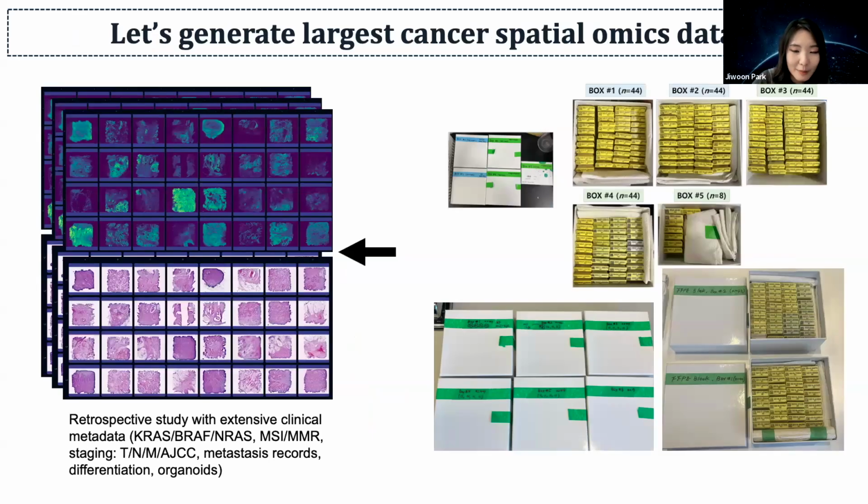So as I mentioned, for same-sample multiomics, we used the Singular G4X platform to generate a large retrospective study with extensive clinical metadata, including mutation information, genome stability, different staging information, metastasis records, organoids, and other in vitro models, to build a large, comprehensive spatial resource for us to better understand where the metastasis happens, but also for the community to ask all of these questions.